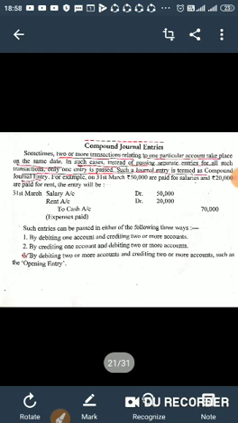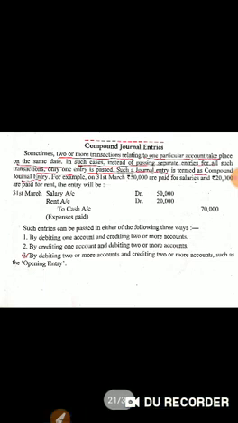When you are making payment for salary, it is a nominal account, an expense, and cash is going out. The same way, payment for rent is a nominal account, an expense for the business, and at the same time cash is going out. So cash is common in both transactions, and they happened on the same day. So instead of passing salary payment individually and rent payment individually, we can combine them.